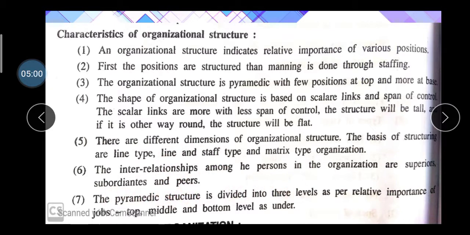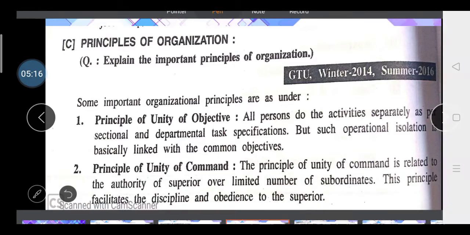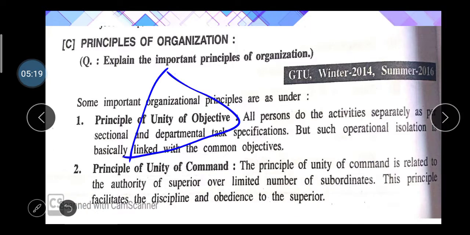So the pyramid structure is divided into three levels as per the relative importance of the job: top, middle, bottom, as under. Okay, so let's see. According to that you have to decide your position in the organization. Like in the last video lecture session, we have one pyramid with top authority, middle and bottom.